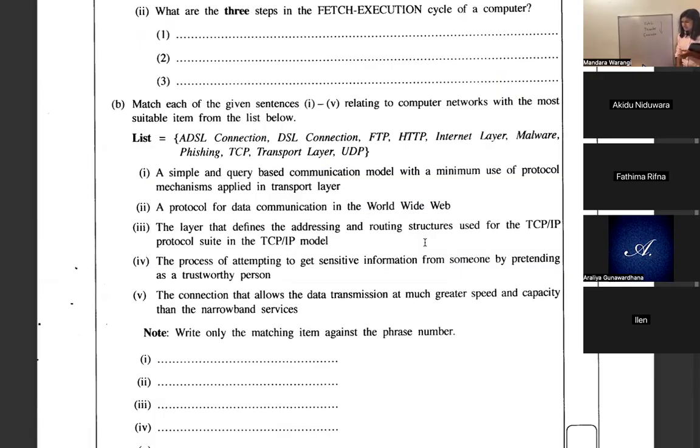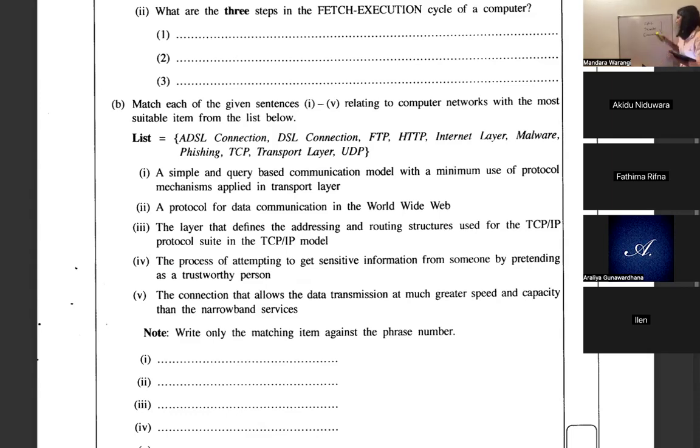The first one is a simple, query-based communication model with minimum use of protocol mechanisms, applied in the transport layer.